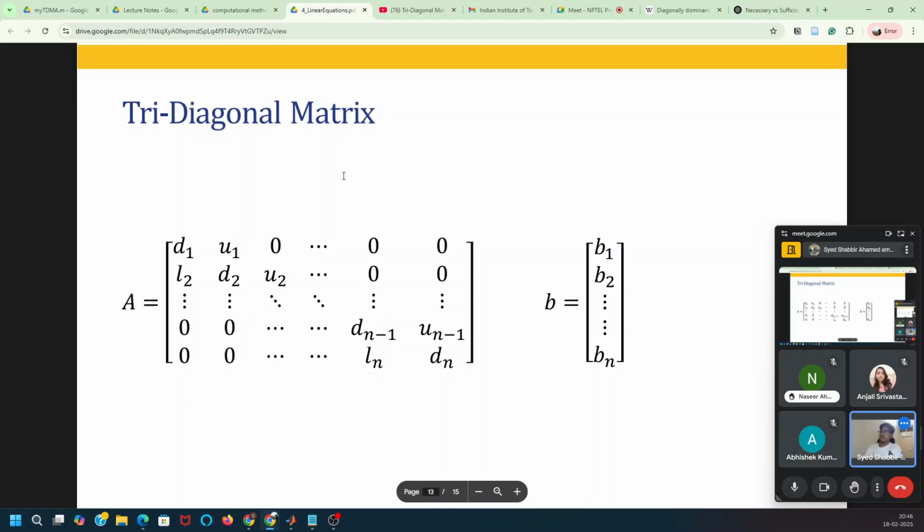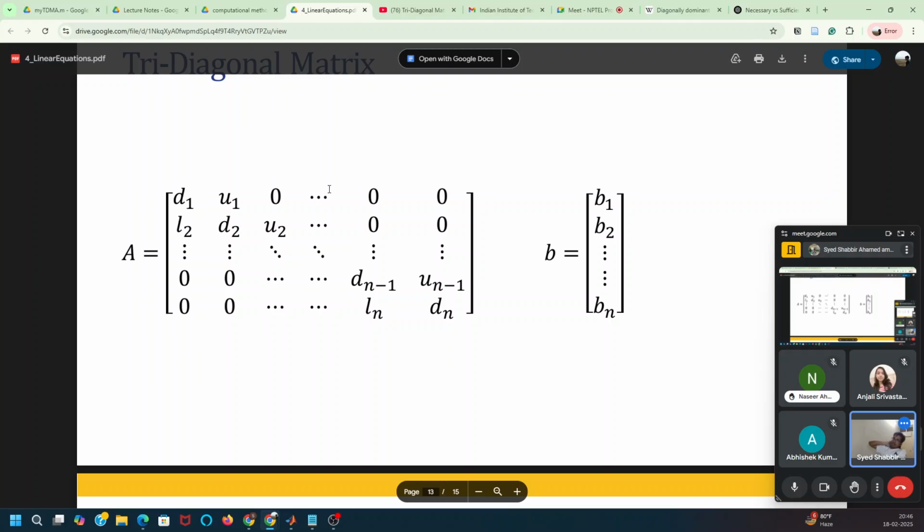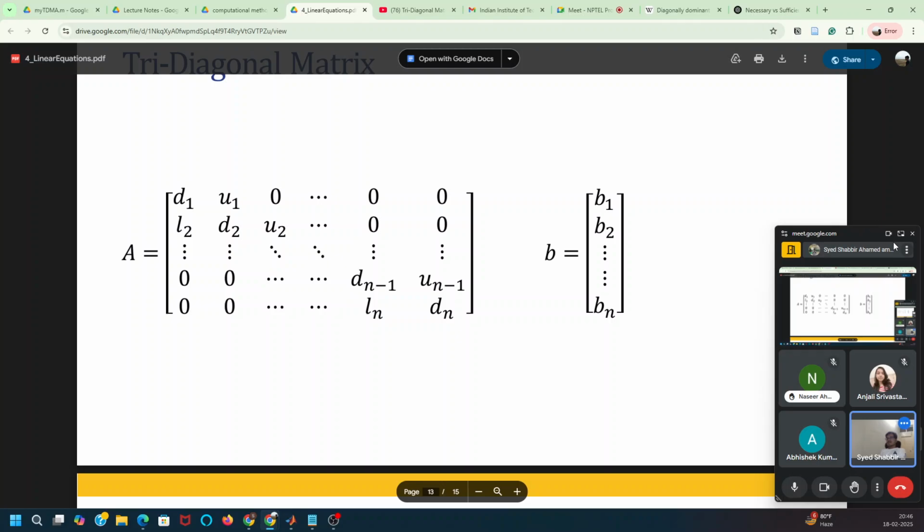Even if the condition is not satisfied, whatever questions are given in the assignments, you can solve them as they are. You don't need to change rows and all. You just solve it and you will get the solution. You don't need to do preconditioning and all. So don't worry about that.